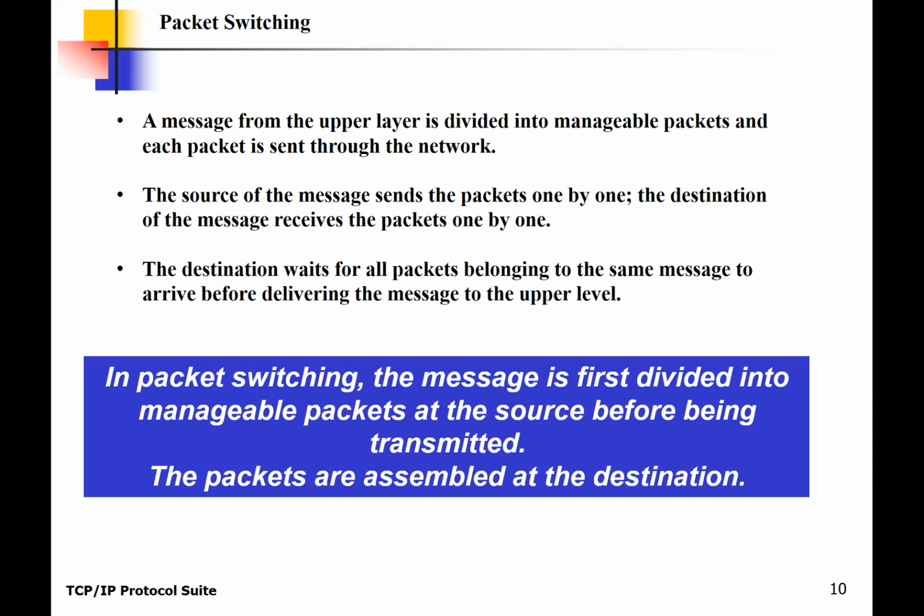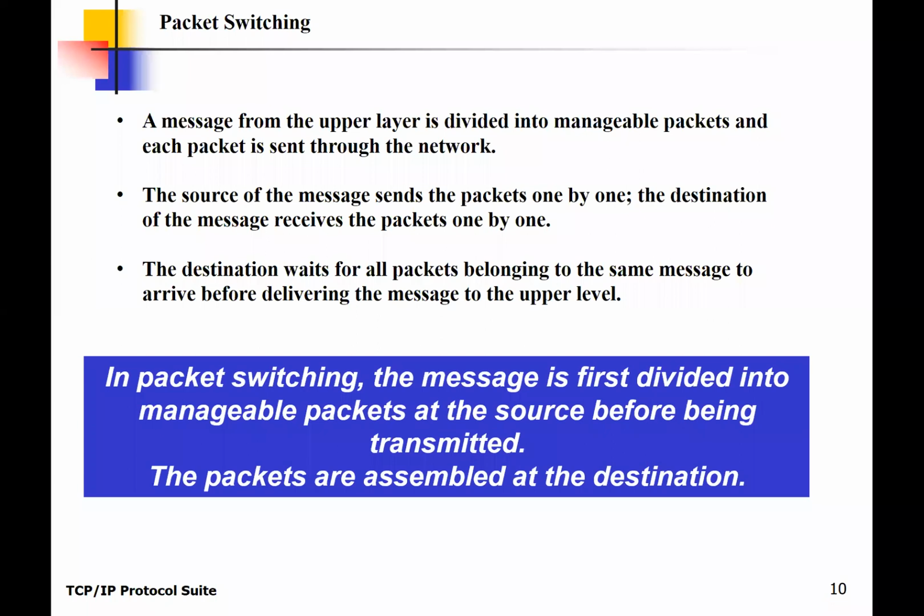But do you think I have to deliver "I" separately to the application layer? No. I have to wait until all of them are received. Then I put them together and send it to the layer above me, which is the transport layer. Transport sends it to the session, which sends it to the application. So that's how the process happens.